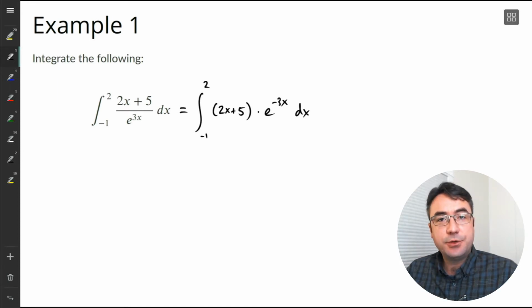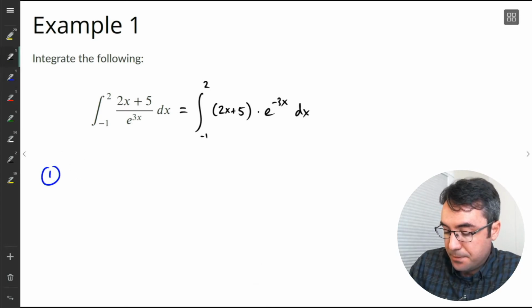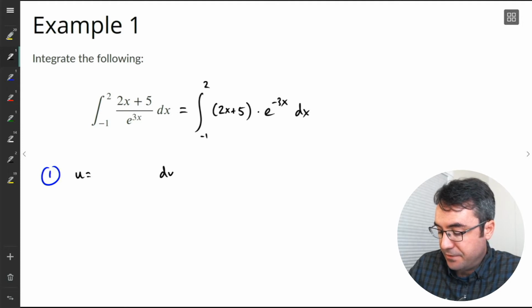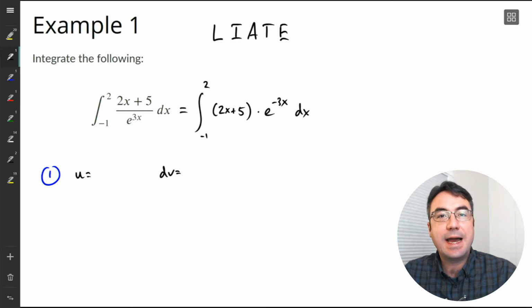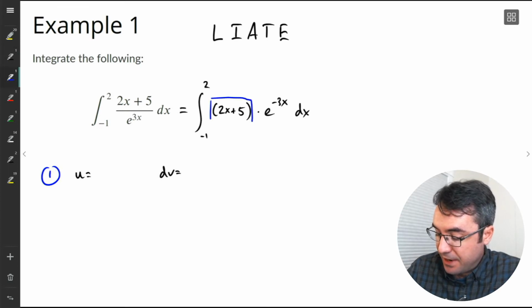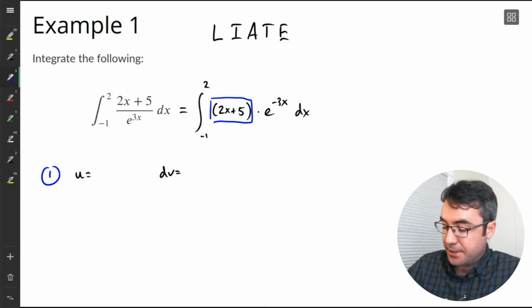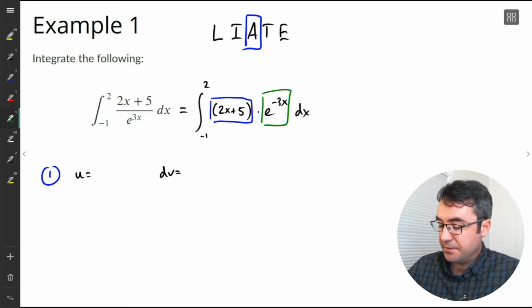Now we're going to do integration by parts. Step 1 is we need to figure out u and we need to figure out dv. Let's remember our strategy. We write down our acronym, LIATE, and look at the two parts of our function. We have this 2x + 5 part, and that's algebraic. Then we have e to the negative 3x, and that's an exponential part.